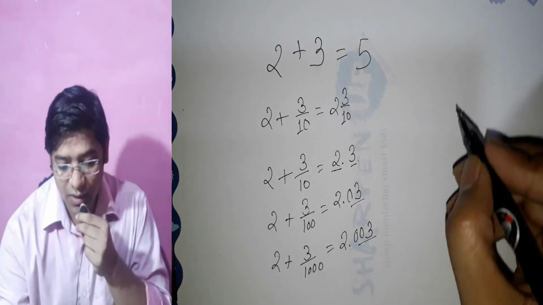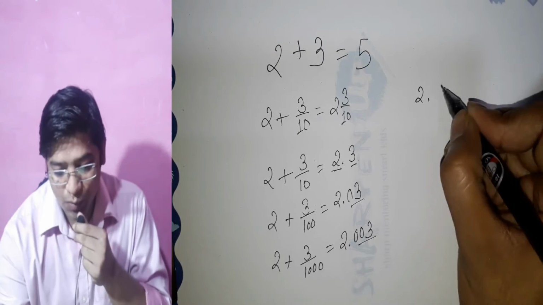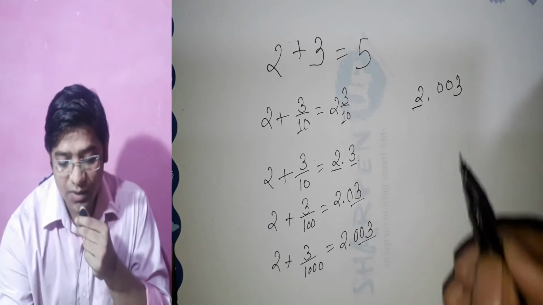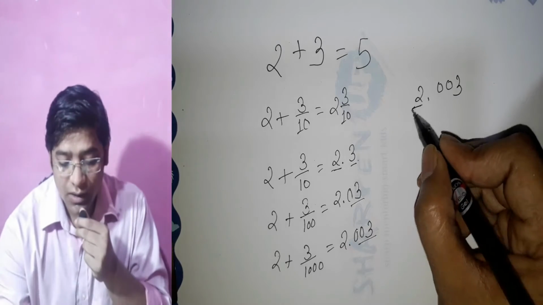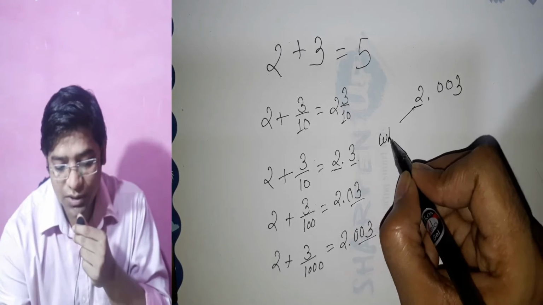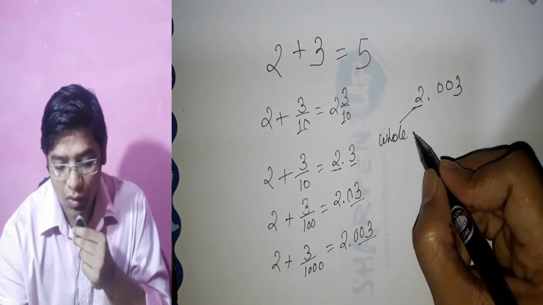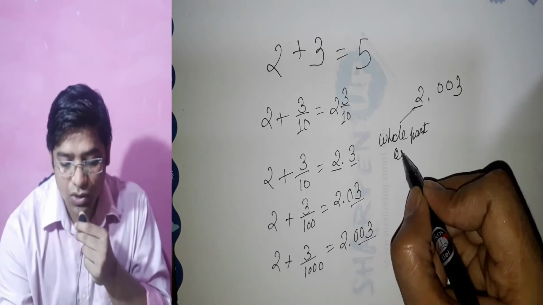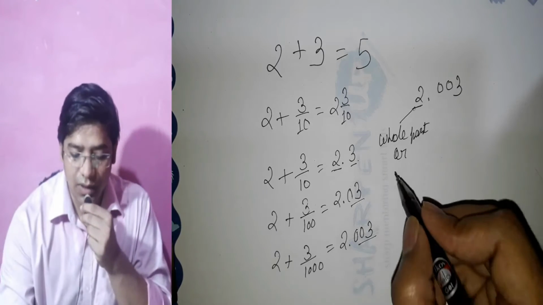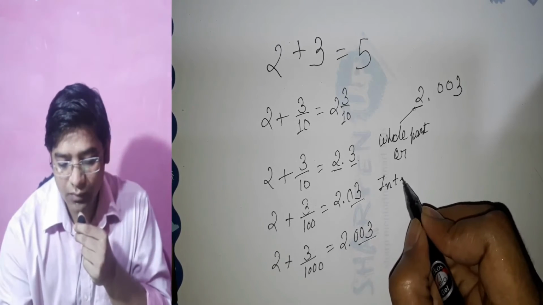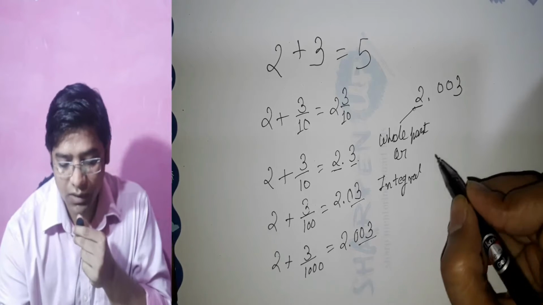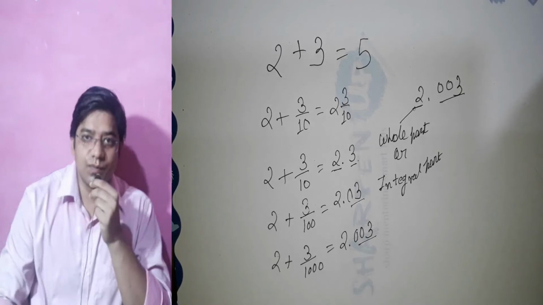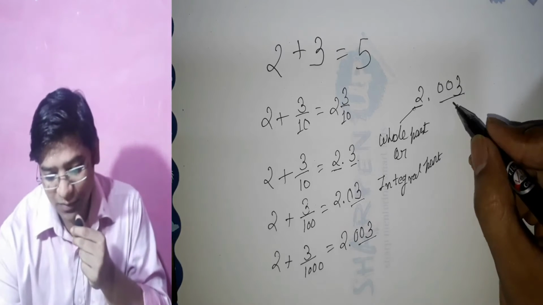If I write this number here like 2.003, the left part of this point is called the whole part, and sometimes it is also called the integral part. And the right part of this point is called the fractional part.